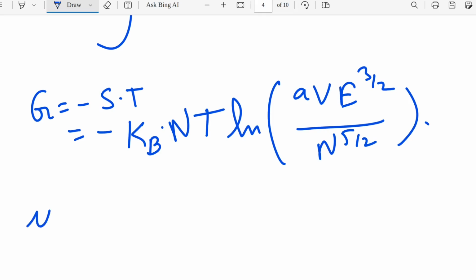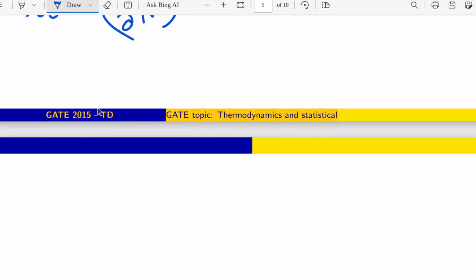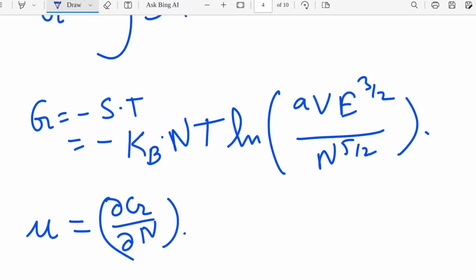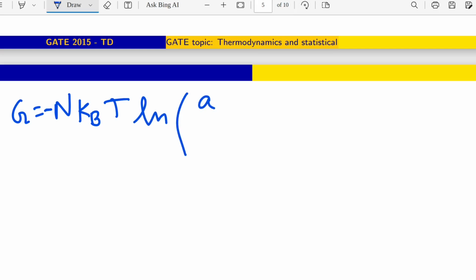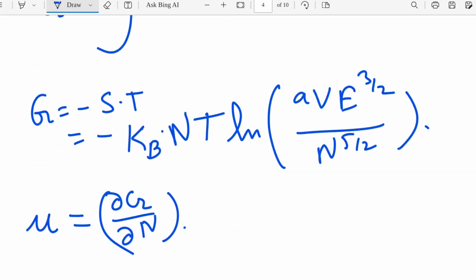The chemical potential mu and the Gibbs potential are related as mu equals del G del N. So if I just do the derivative of G with respect to N, then we can get the required chemical potential for that system. Then our G is, I am just going to write here, G is n times minus kB T ln[AV E^(3/2) / n^(5/2)]. So this is G.